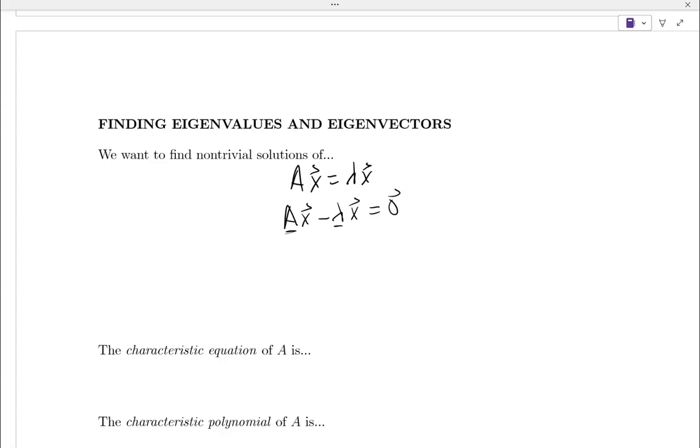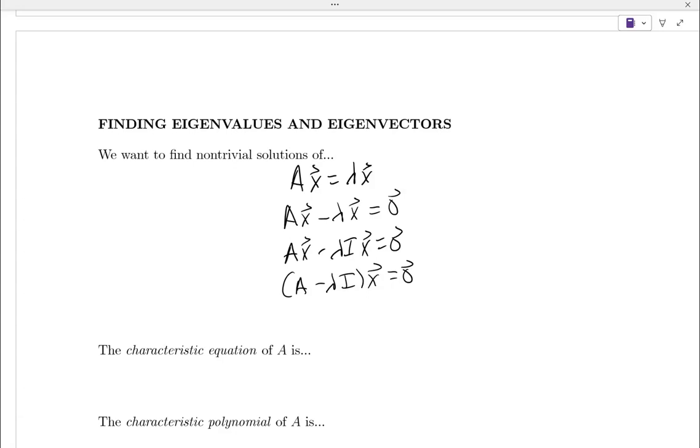So before we factor that off, we need to stick an identity matrix in there. We've talked about this before. It's been a while, but we've talked about this before. So this is now a homogeneous system that we've created.